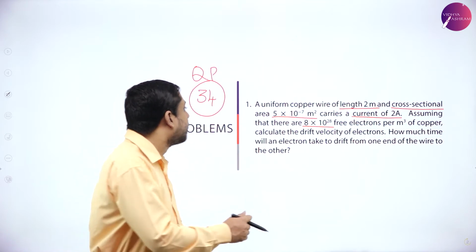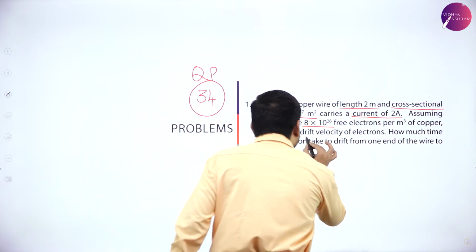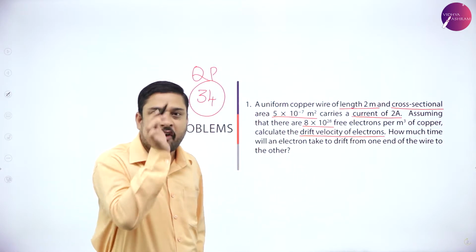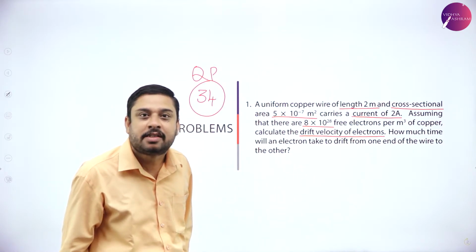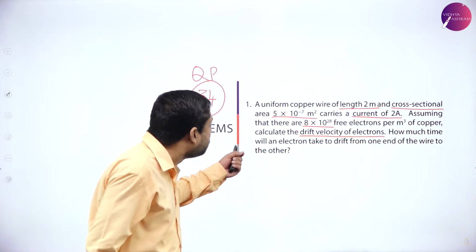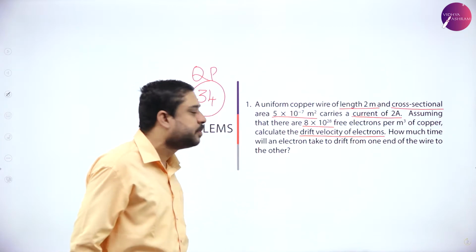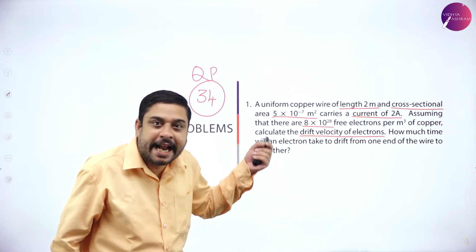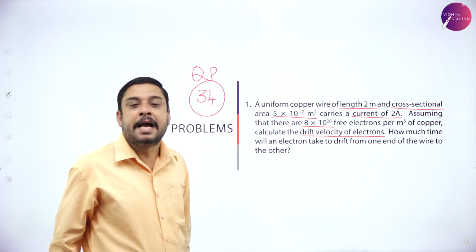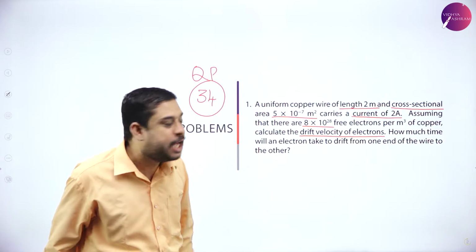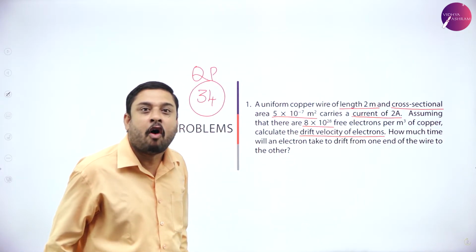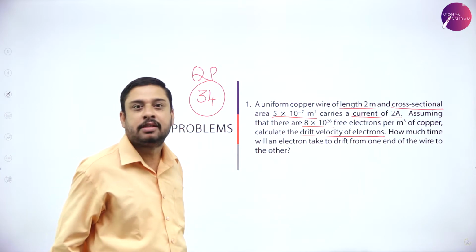I have to calculate the drift velocity of electrons. So as per my assessment, using the given data, I am supposed to calculate the drift velocity of the electrons.